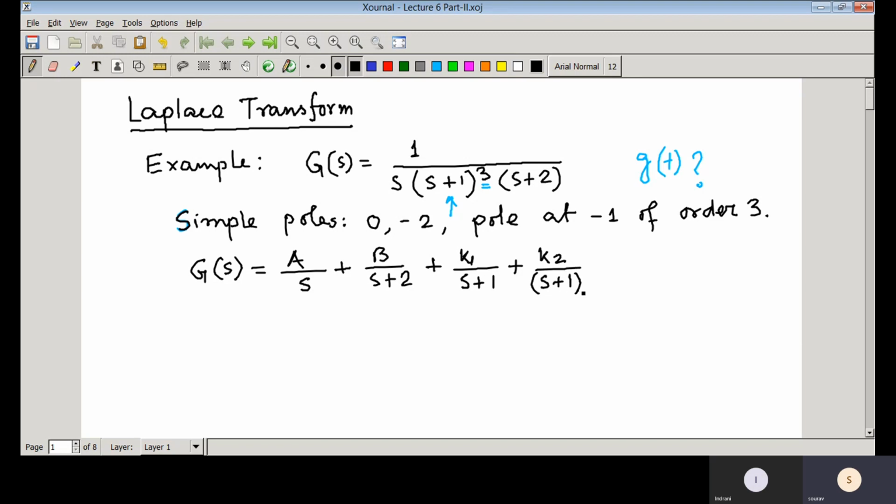Just look at this particular form, that partial form, that whenever you have a pole with higher order, then this is how to find the partial fractional form. So this is a problem with a pole of higher order.